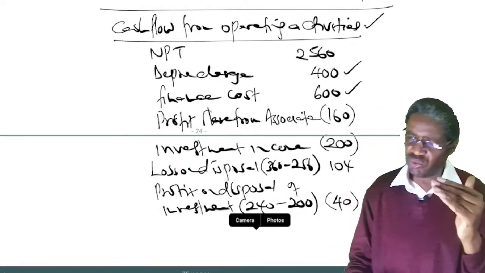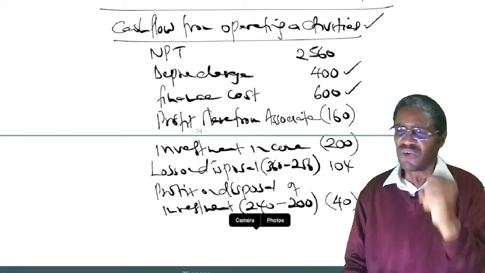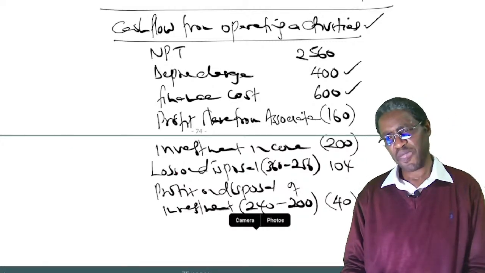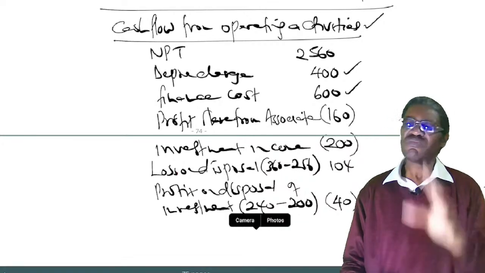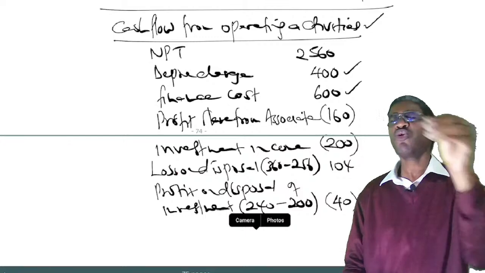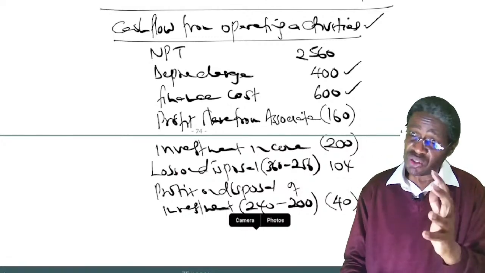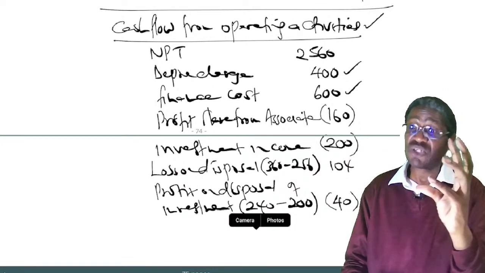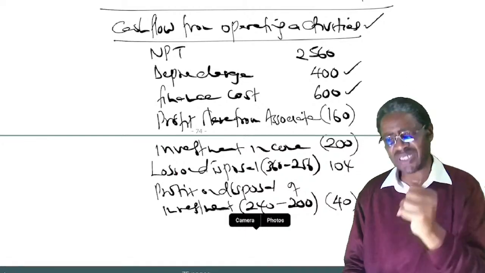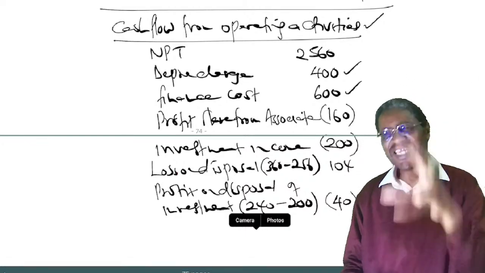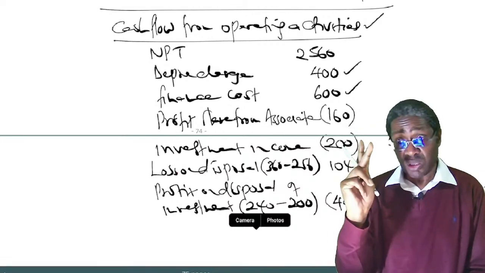Then go through the question looking for other non-cash items. Where do you start? Start with the income statement. From that income statement, there could be some non-cash items. Listen, in other questions, even in the same income statement, you could see a profit on disposal, loss on disposal that is shown. You pick it, it's a non-cash item.